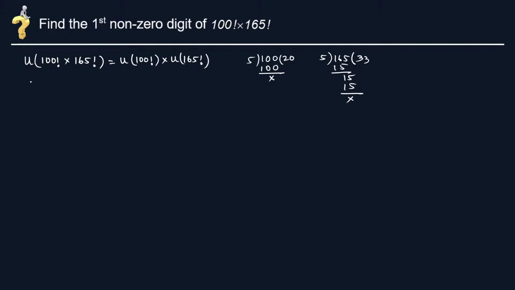Therefore we can write this as, multiplied with. Is it clear? I have simply used the formula here, nothing else.